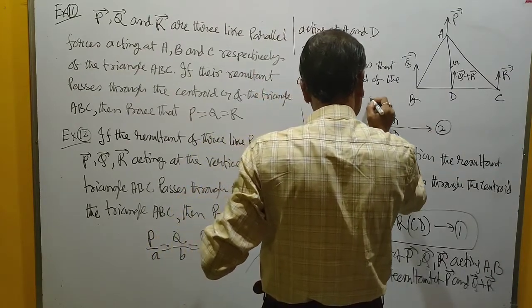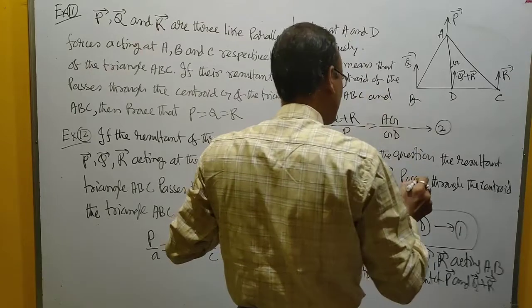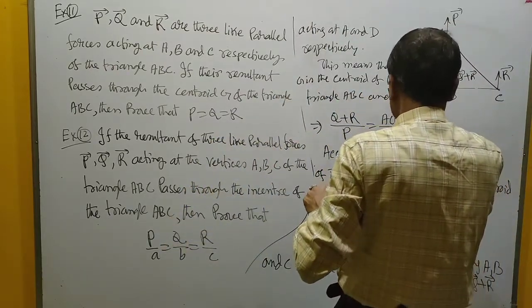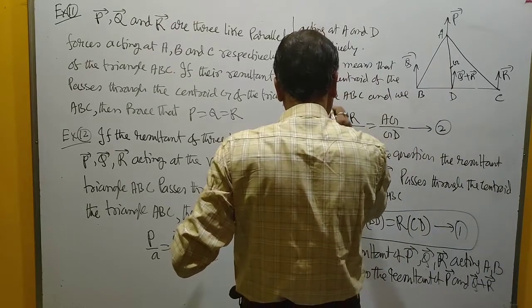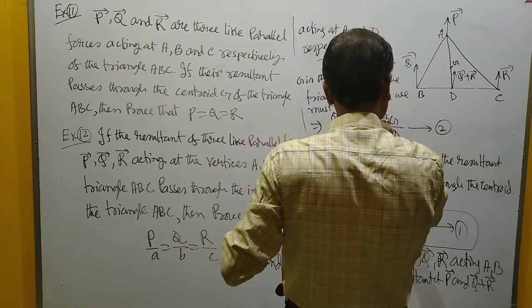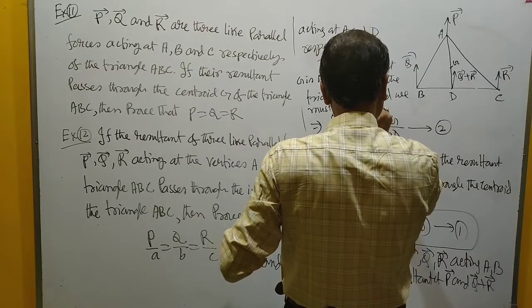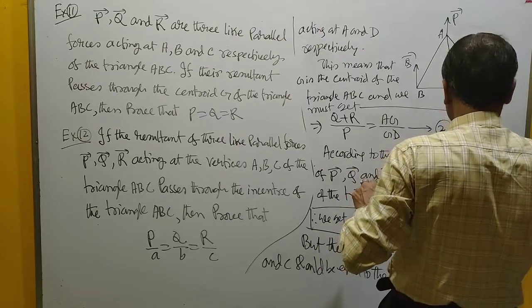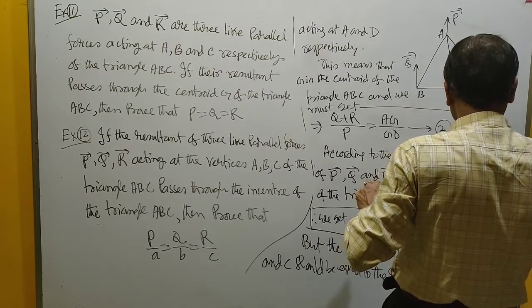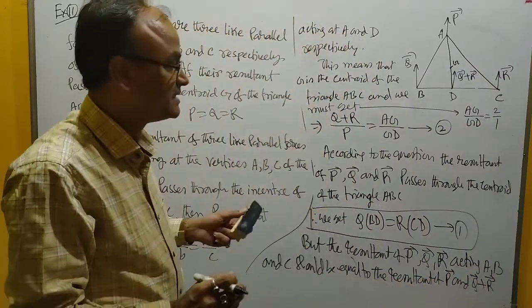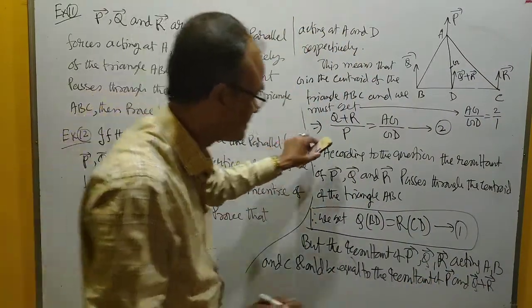Triangle ABC, and we must get AG by GD equal to 2 by 1.